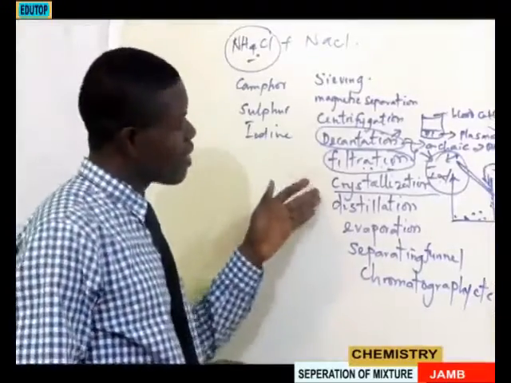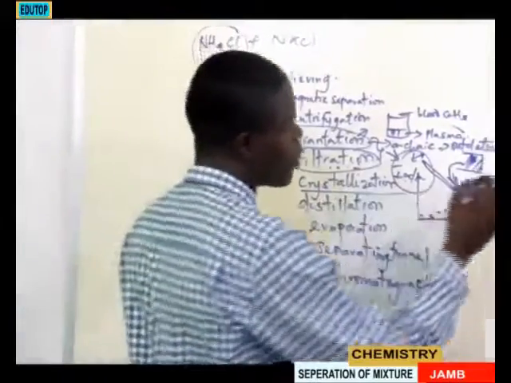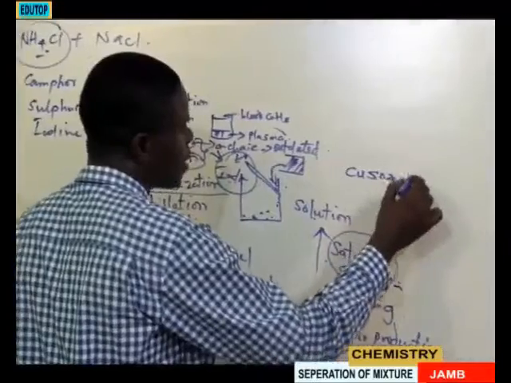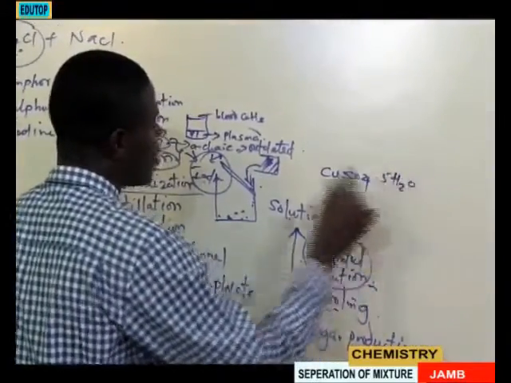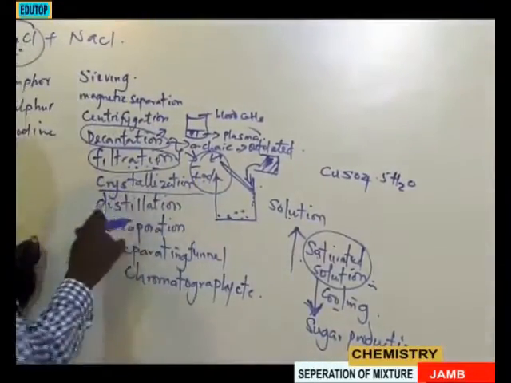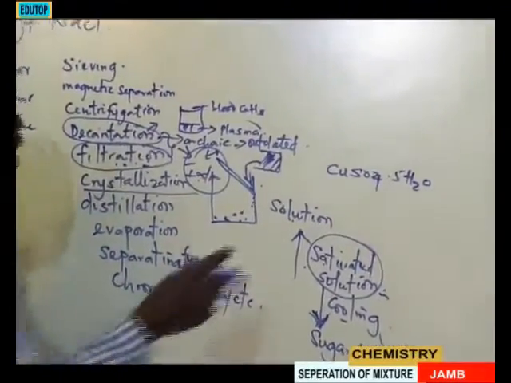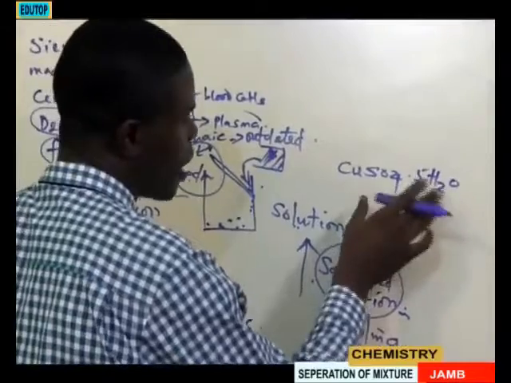Having talked about crystallization, there are some salts that are separated in the process, like your copper sulfate pentahydrate, because this is meant for salts which decompose on heating from their solution.